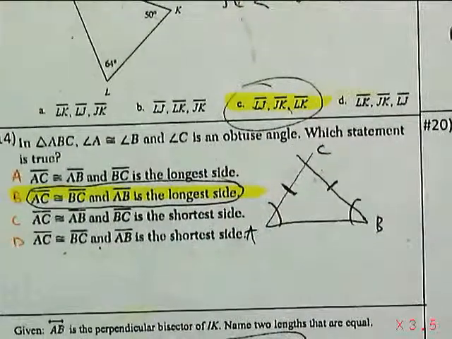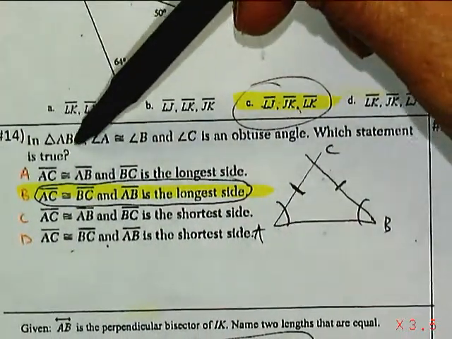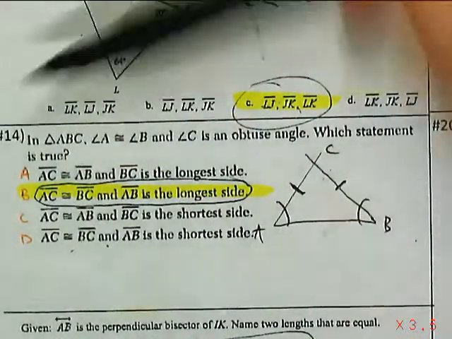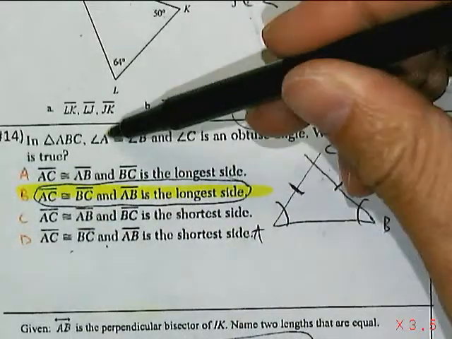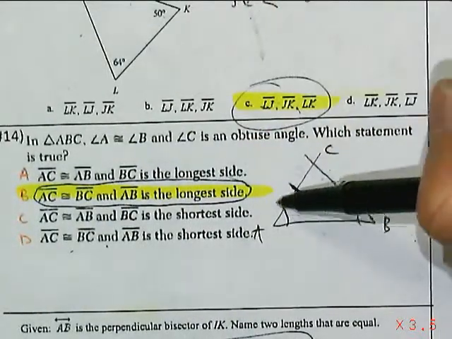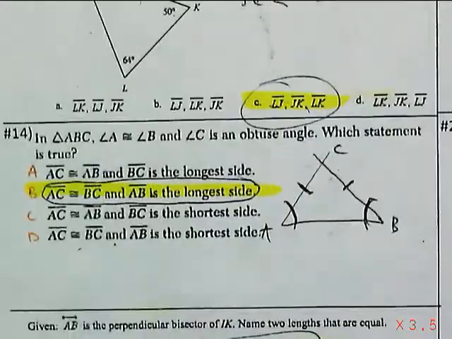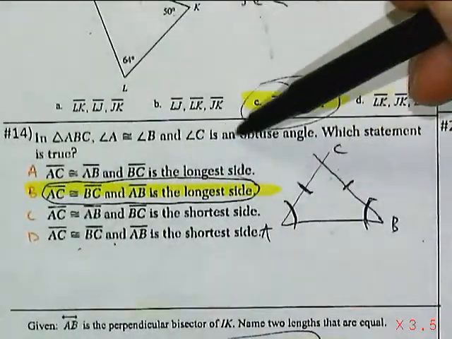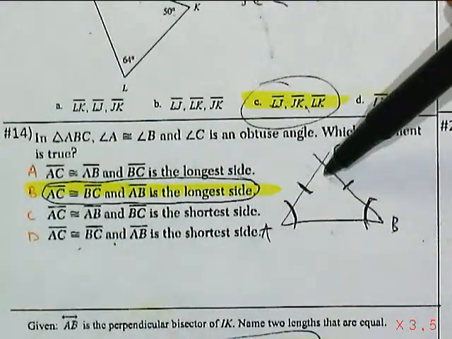Question number 14. In triangle ABC, angle A is congruent to angle B. So I drew a triangle, labeled it A, B, and C, and now I know that A is congruent to B. So I put these arcs. And it says C is an obtuse angle. So I know that obtuse angle here is greater than 90.